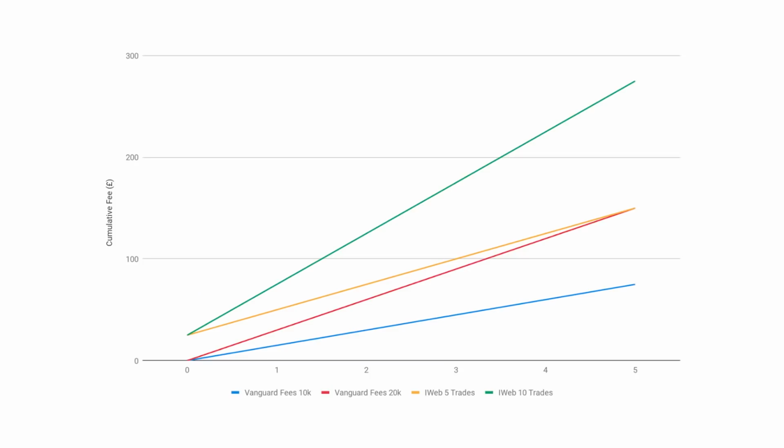We can illustrate that with this graph, where I've shown time in years on the x-axis and the cumulative fee on the y-axis. The 2 lines that start at 0 are Vanguard fees, because it has no entry fee. Whereas for IWeb, the initial fee at time 0 is £25, which is its entry fee.